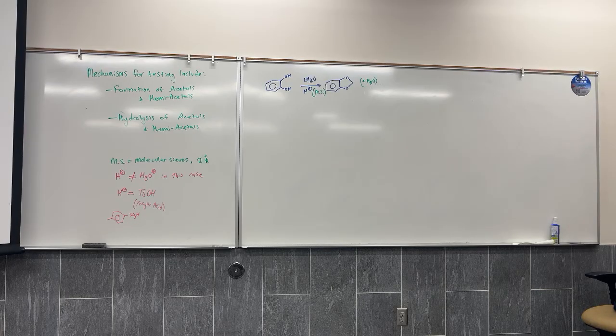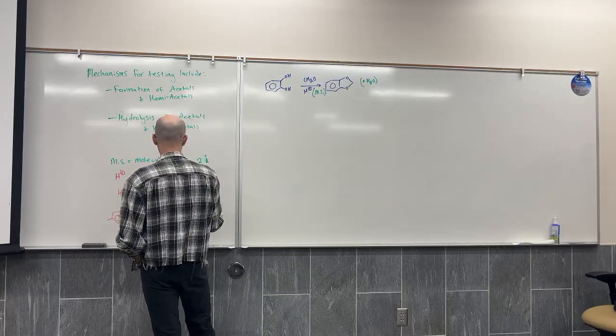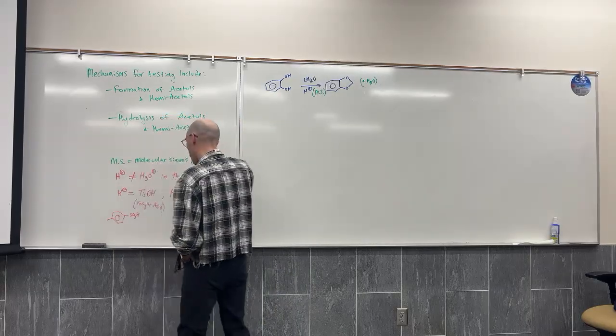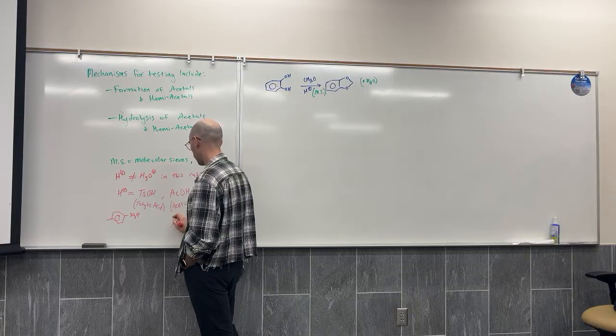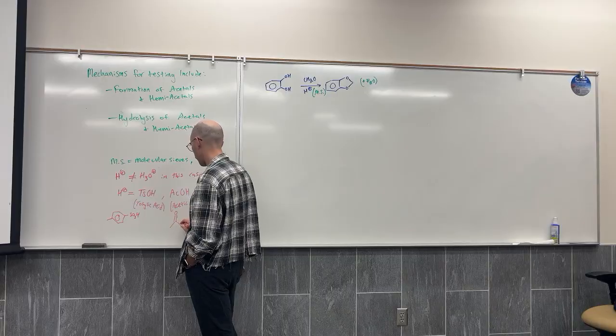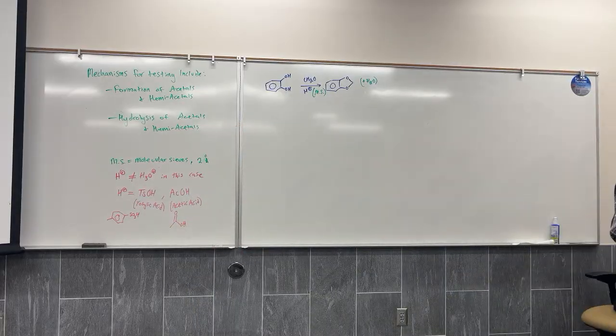Another one that we'll use here is acetic acid, and we can write acetic acid as AcOH. You guys should be familiar with acetic acid at this point after all the nomenclature work that we've done. Or you can just use H+. The challenge about using H+ is the conjugate base.